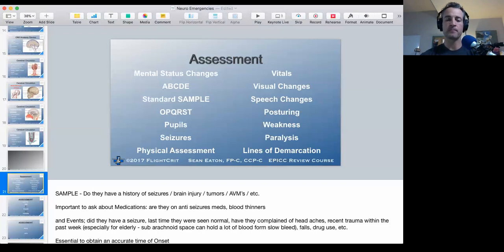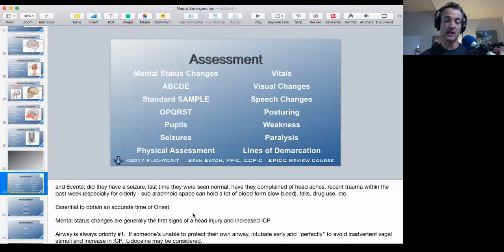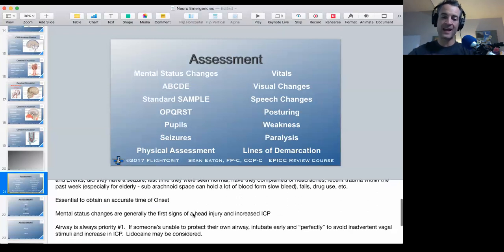But in any case, that generally is kind of what happens. If the patient hasn't had a seizure, then what the evidence is suggesting is that giving prophylactic seizure medications doesn't necessarily do any good.